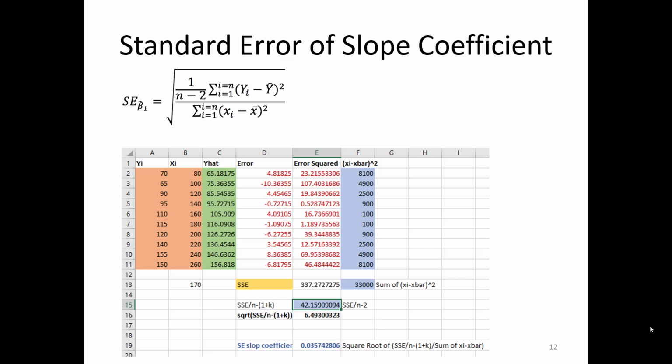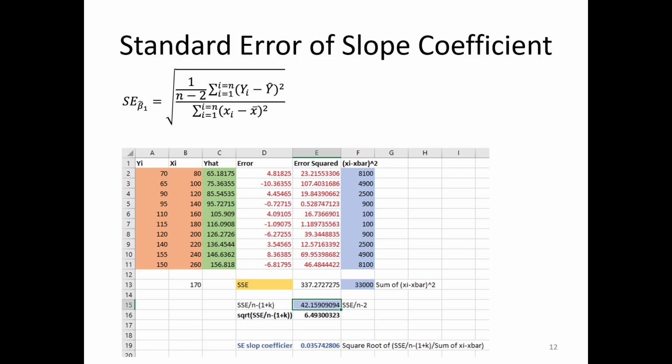So let's work through the math of the standard error of the slope coefficient. So here we have our formula. In the numerator we have yi minus y hat, or predicted y, squared, all of that summed and divided by n minus 2. In the denominator we have xi, or the observed x's, minus x bar, or the mean of x, those squared and summed. So this should look familiar, and builds off of the spreadsheet from before.